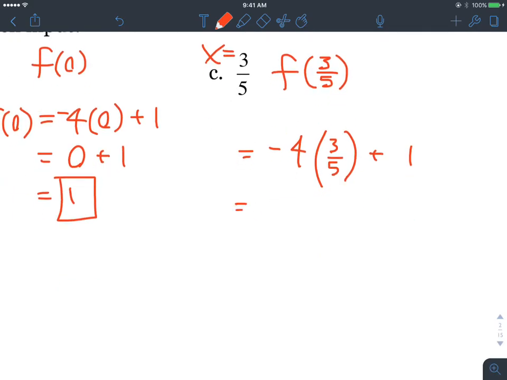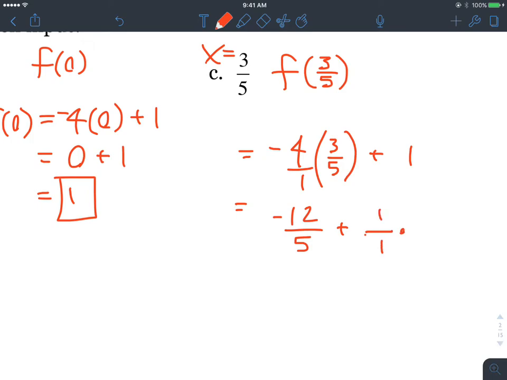Alright, reviewing multiplying fractions, it's kind of like having a 4 over 1 out in front, and then you can just multiply across both ways. So negative 4 times 3 is negative 12, and 1 times 5 is 5. And you've got plus 1. Now, to add or subtract fractions, you need a common denominator, so I'm going to change that 1 to 1 over 1 first.